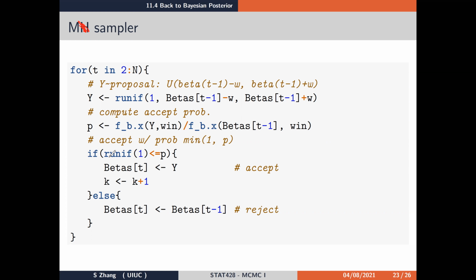If a uniform 0, 1 random number is less than or equal to p, we will accept this one and set the tth beta to be equal to y. We will also increment our k by 1. Otherwise, we will reject the sample, and our next beta will be equal to the last beta.